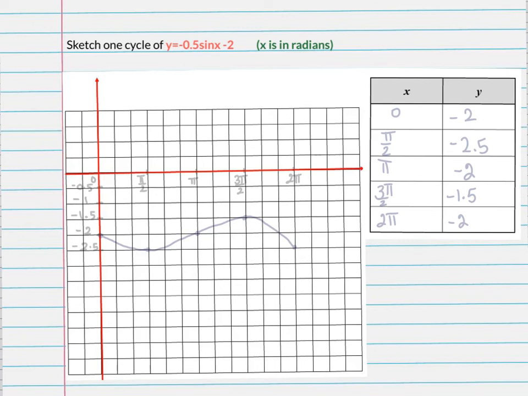We know that the amplitude is equal to the y value of the maximum, which is negative 1.5, minus the minimum, which is negative 2.5, all divided by 2. So the amplitude is equal to minus 1.5 plus 2.5, all divided by 2, and that's 1 over 2, which is equal to 0.5.